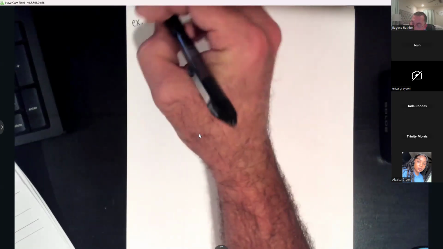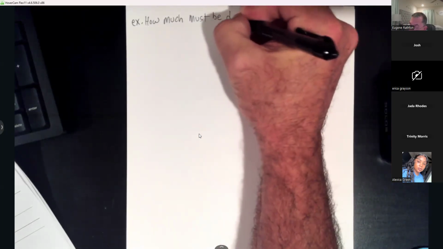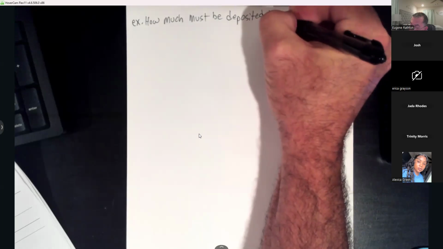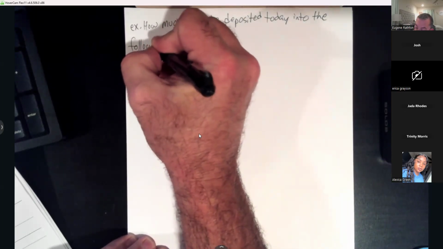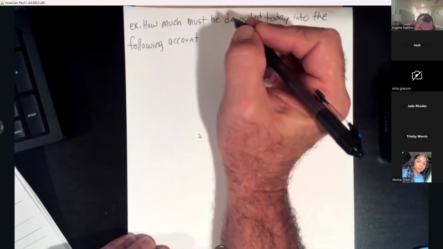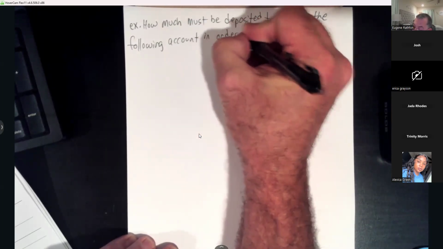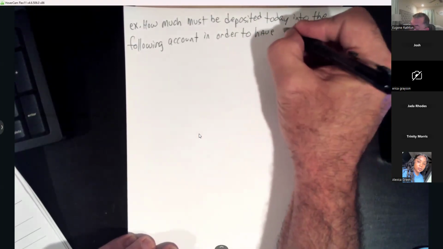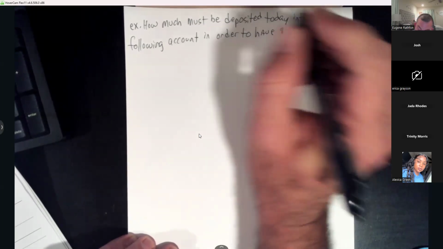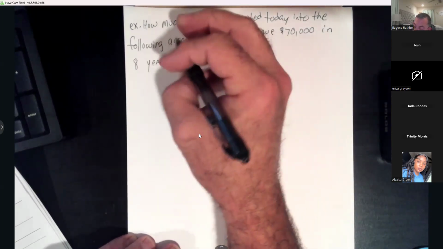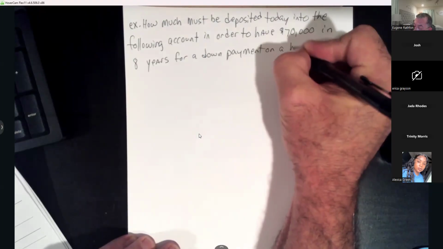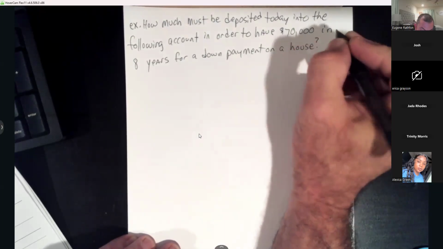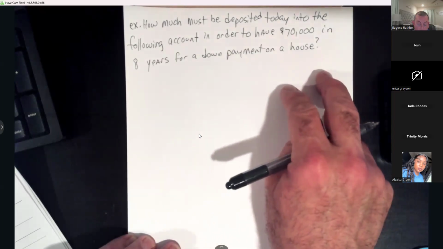So how much must be deposited today into the following accounts in order to have $70,000 in 8 years for a down payment on a house. Now, assume no additional deposits are going to be made.